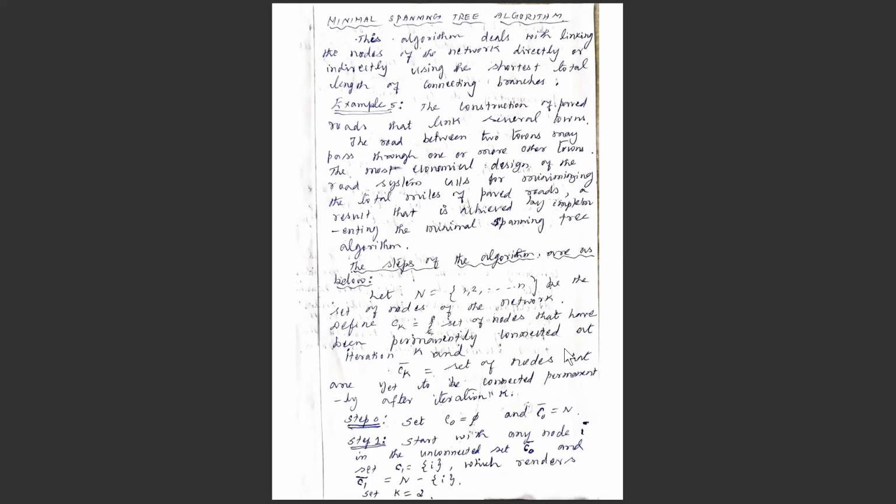Example, the construction of paved roads that link several towns. An example for this algorithm is the construction of paved roads that link several towns. If you want to link several towns using road transport, for the construction of roads, we use the minimal spanning tree algorithm.